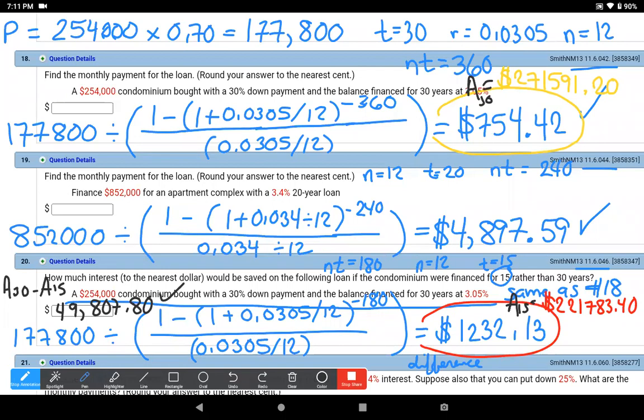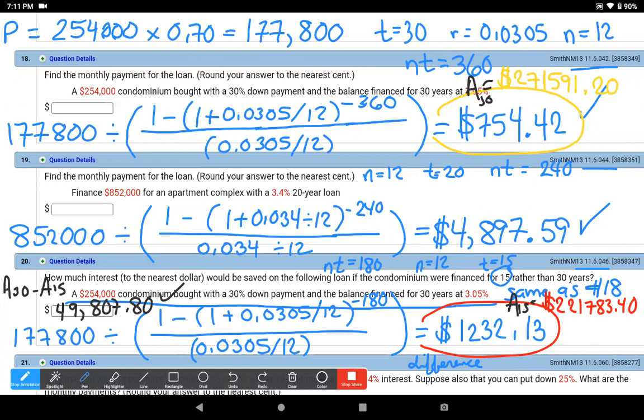Just double checking my work, making sure I didn't make any typos here. I'm about $2 off from the book, but it could be because I rounded something. Oh, yeah. I think it's because I rounded here.